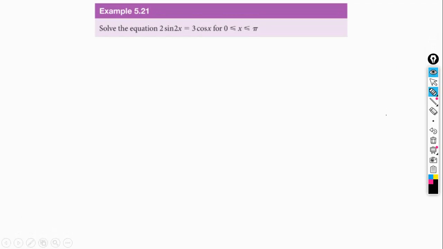So we continue with example 5.21, and it says solve the equation 2 times sine of 2x is equal to 3 cosine of x for the interval between 0 and pi, including 0 and pi. So here, we need to use the double angle identity for sine. So we know that sine of 2x is equal to 2 times sine of x cosine of x.